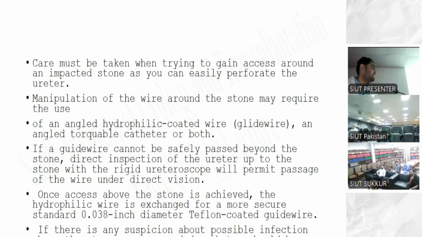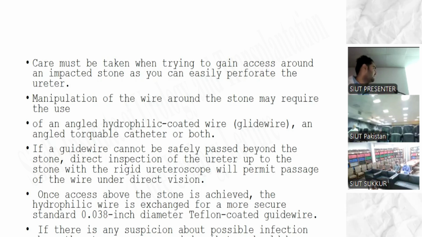The angled torquable catheter can easily pass above the stones. Once we have got this pathway above the stone, then we can easily pass the guide wire, and then we can use the URS in a safe fashion rather than causing trauma.